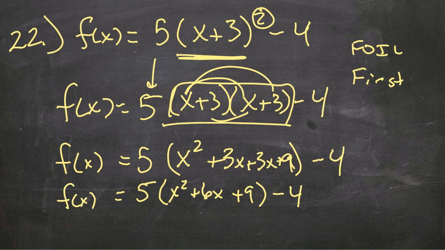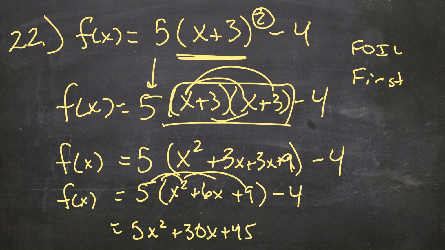You have to distribute first. So 5 has to go first. 5 goes to everything. It does not go to the negative 4 because the parentheses end. So it becomes 5x squared plus 30x plus 45 minus 4. You just put together 45 and minus 4, you get 41.